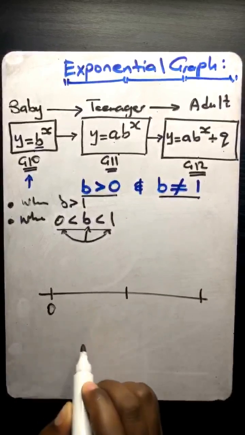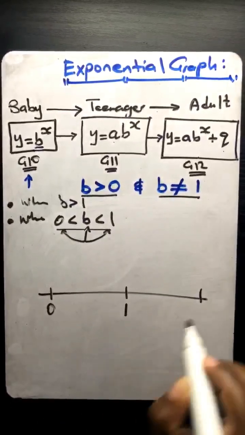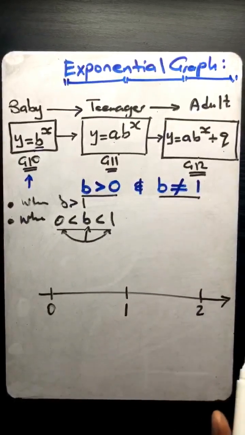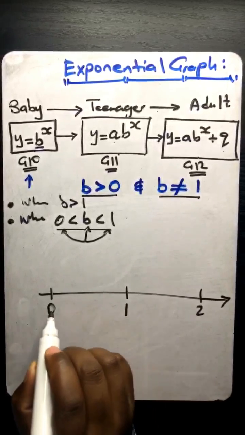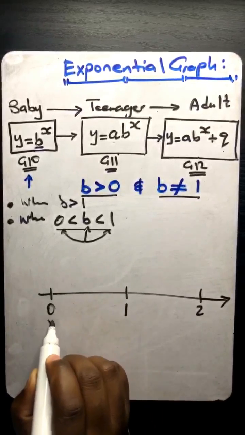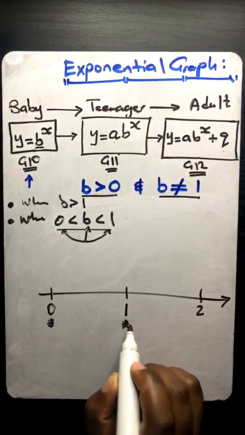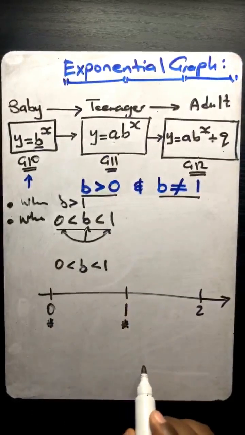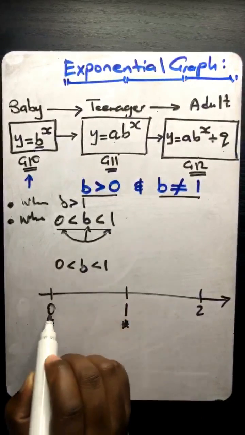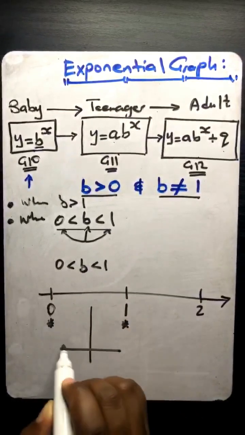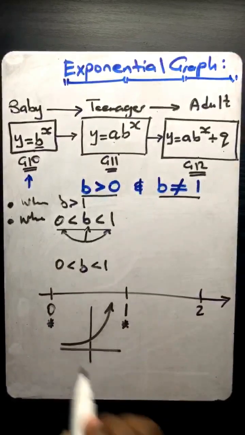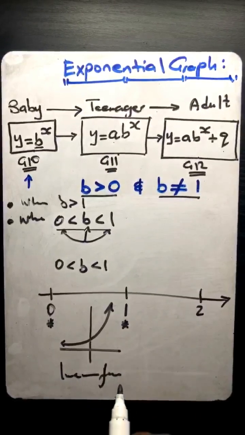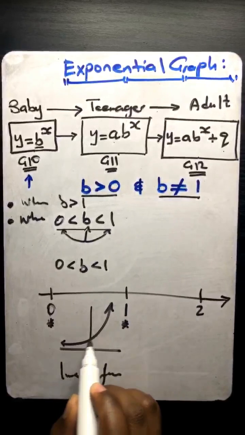If this is 0 and this is 1, and then you have other values greater than 1 continuing in that direction, your b cannot be 0 and it cannot be 1. So b can be between 0 and 1.